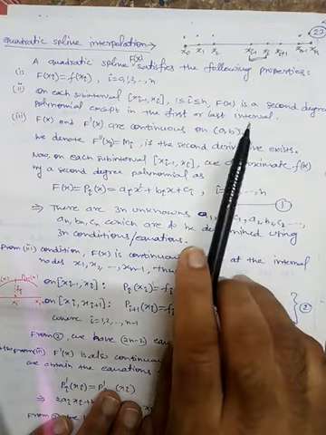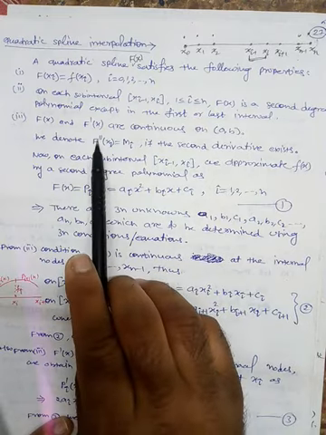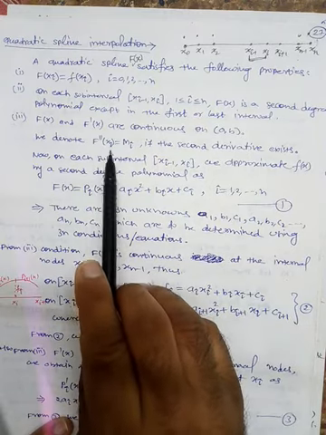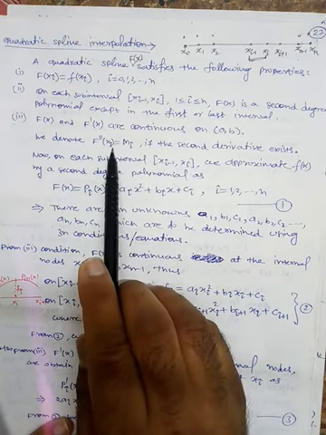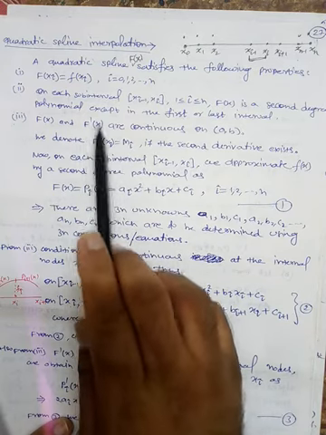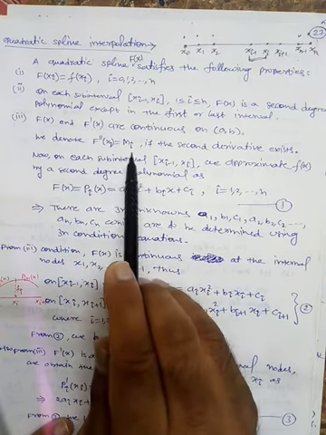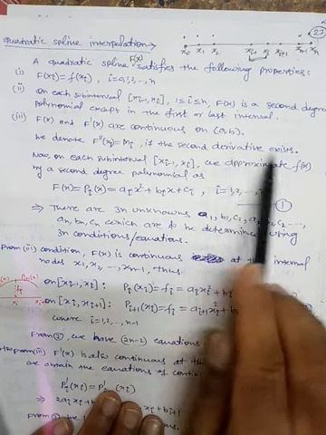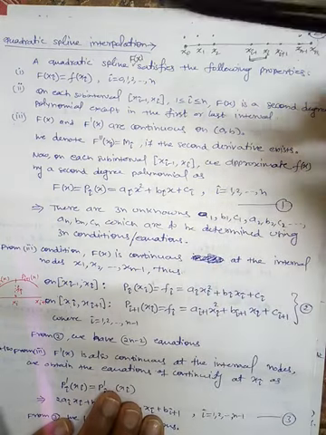And here we will denote the second order derivative at xi as capital Mi, if the second derivative exists. So these are the assumptions which we will use.